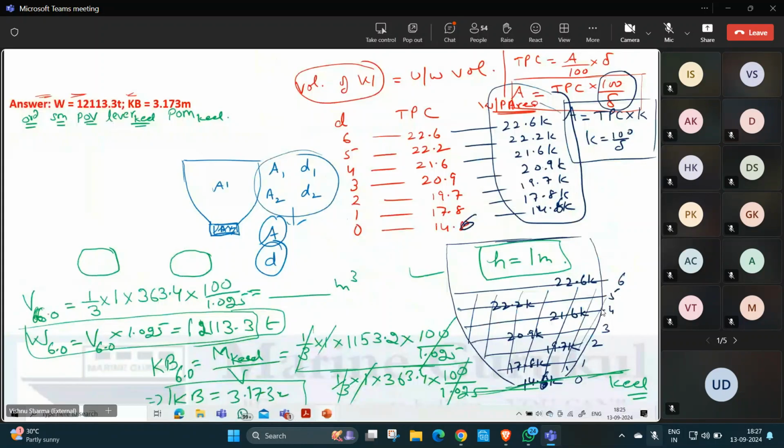Yes, sir. So from TPC, you can get water plane area at different drafts because the TPC at different drafts is given. Area will be equal to TPC into 100 on density. And once you get the water plane areas, then it becomes like the previous question. Correct, beta? Am I right?